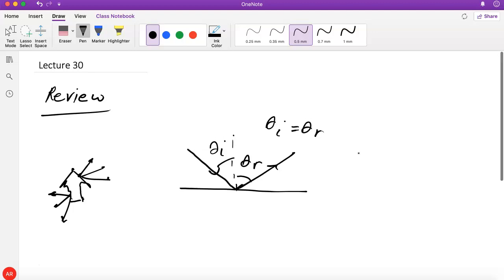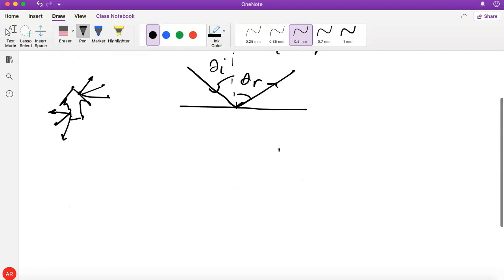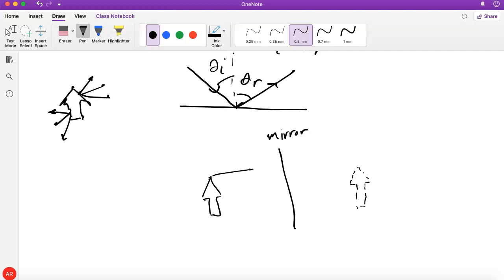And we talked about a simple consequence of this, that there's going to be a virtual image, right? So if you have some object in front of a mirror, what you see when you look at the mirror and these reflected rays come toward your eye, it's like they're coming from an image behind the mirror that's the same distance.